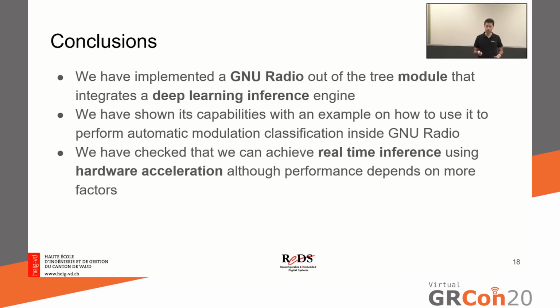We have shown how you can use this module to perform deep learning inference in a real scenario for digital automatic modulation classification, and you can achieve real-time inference using our block if you have hardware acceleration available and you tune up some of the parameters.